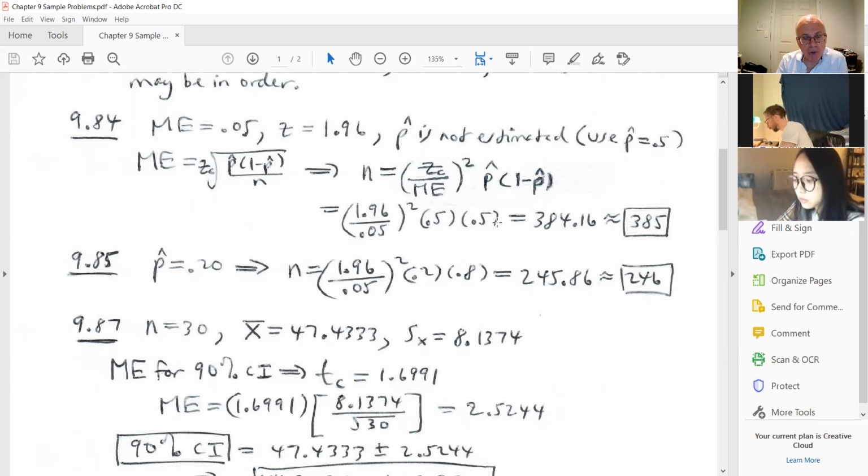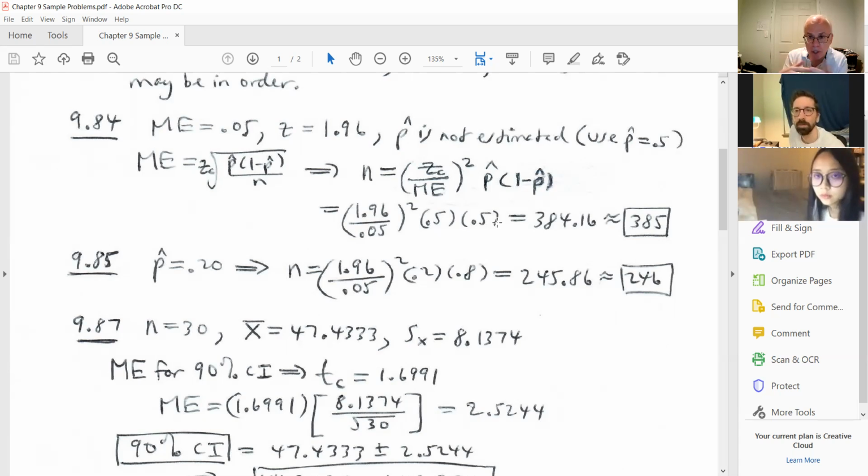The other thing is you want to determine up front your margin of error. How wide do you want your interval to be? Remember, the length of the interval is twice the margin of error, because you're subtracting from one end and adding on the other end.